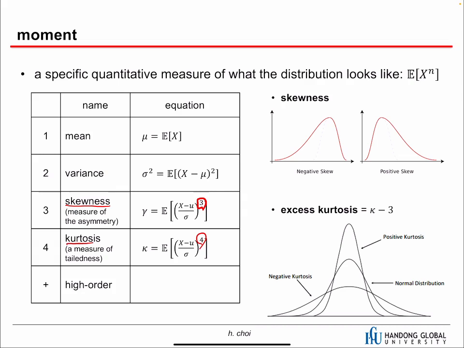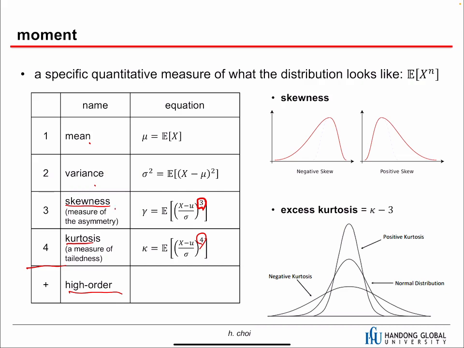We can imagine some higher order statistics, but I never used higher order statistics other than 4. You know the meaning of the mean and variance. The mean is the location of the distribution, the center of mass, and the variance is about the spreadness, how spread the distribution is.